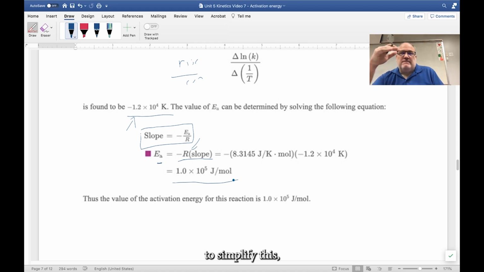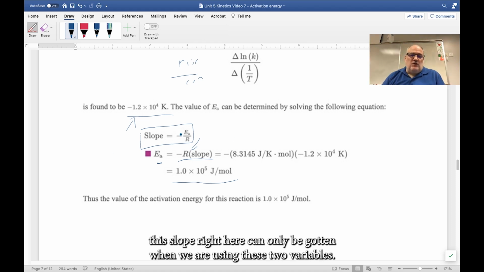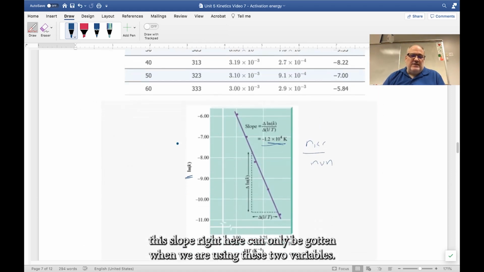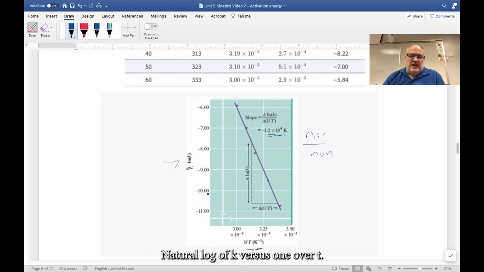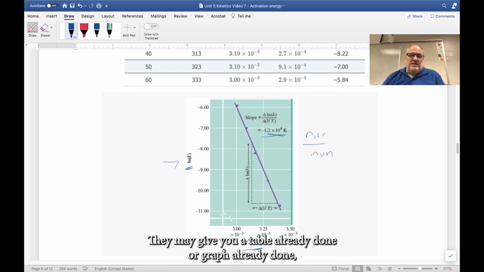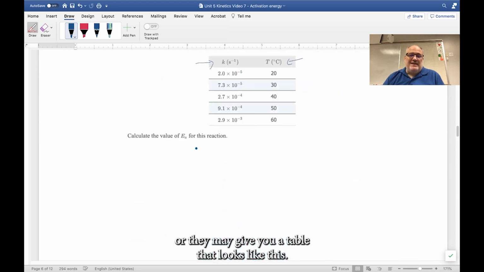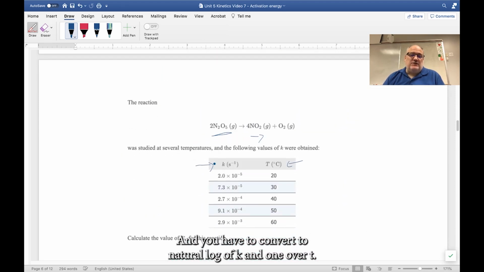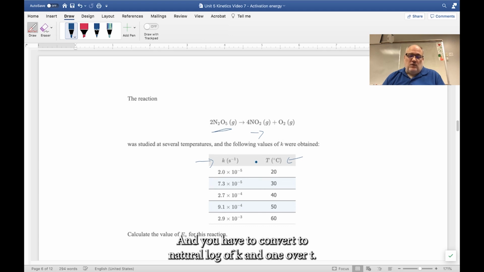To simplify, this slope can only be gotten when we are using these two variables, natural log of k versus 1 over T. They may give you a table already done, or a graph already done, or a table that looks like this, and you have to convert to natural log of k and 1 over T.